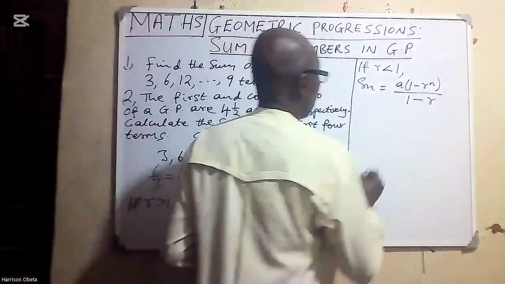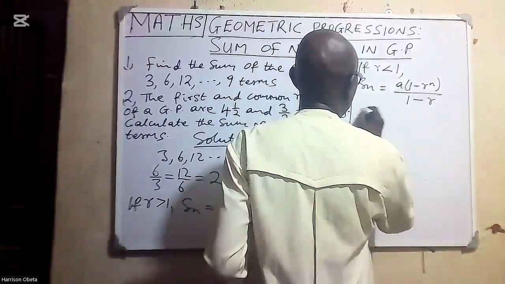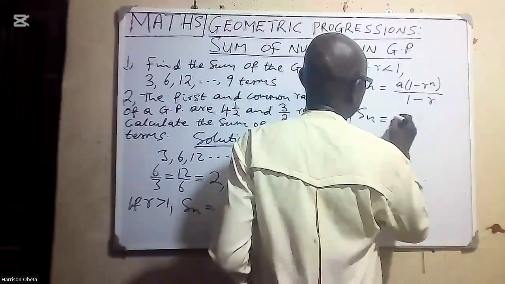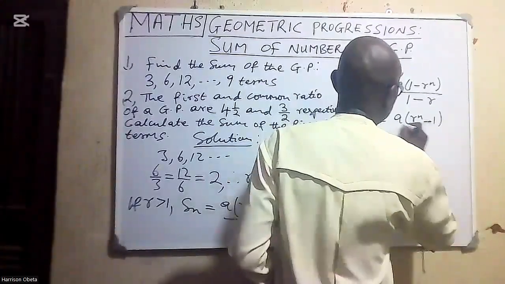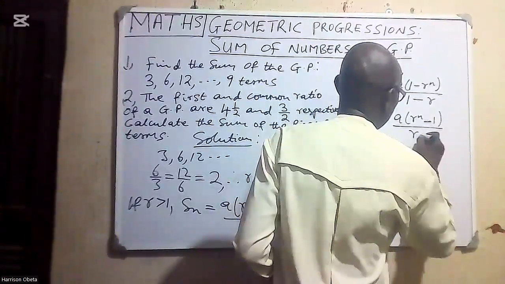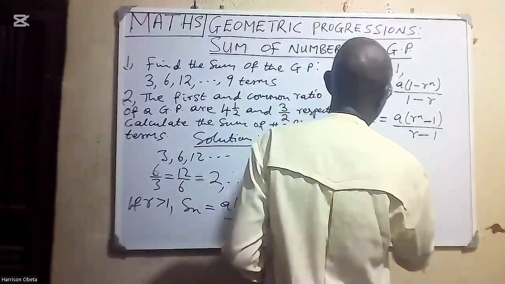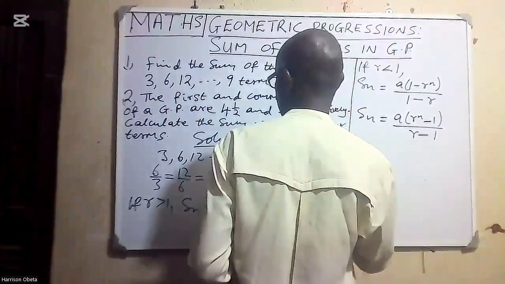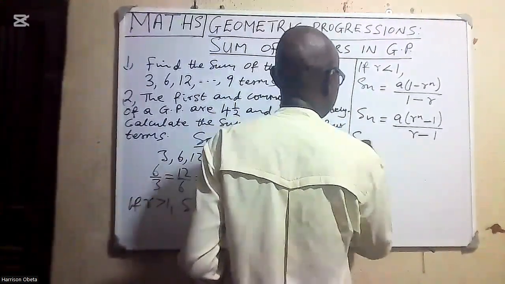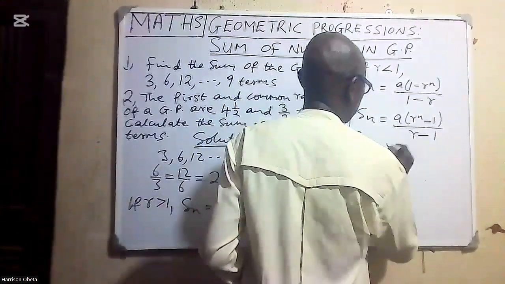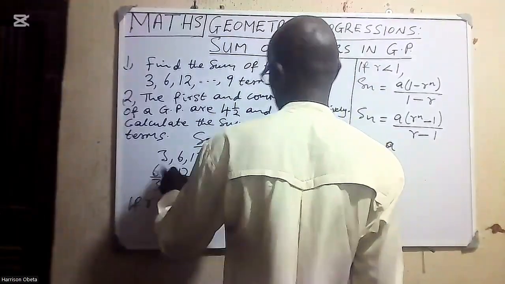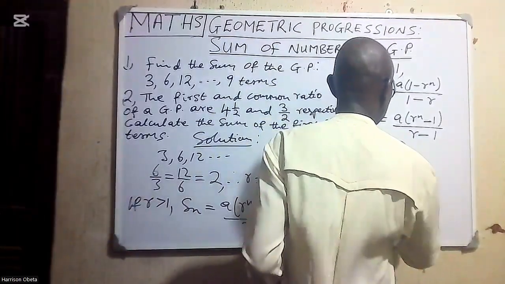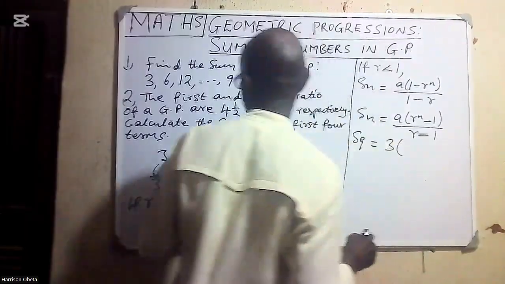So we have Sn equal to A bracket R raised by n minus 1 all over R minus 1. And that means that we are talking of S9 equal to A, which is 3. Substitute the value there.